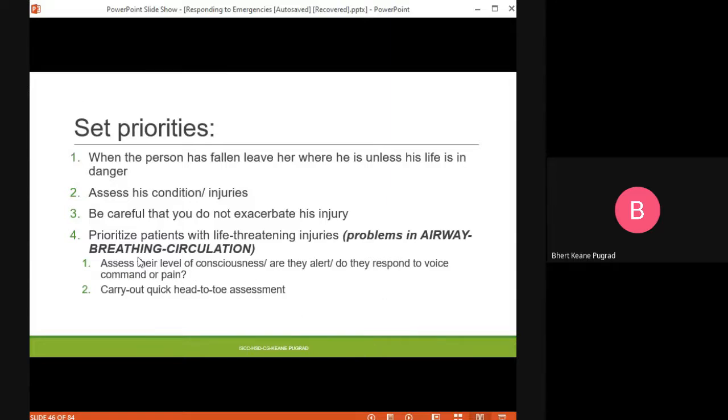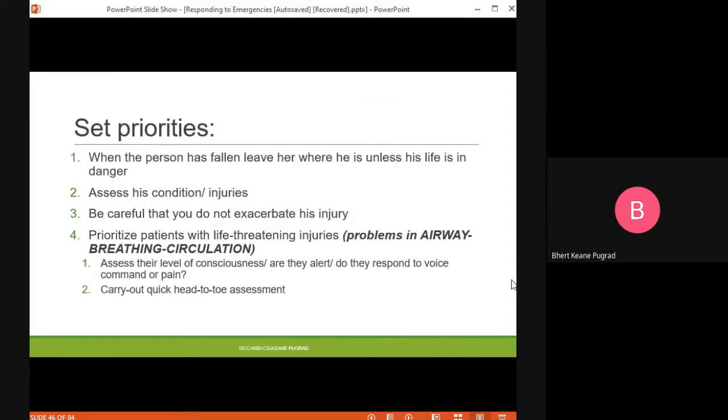Another, prioritize patient with life-threatening problems. Problems in airway, problems in breathing, problems in circulation. So if they're going to ask you kung sino yung priority natin, yung pasyente na masakit ang tiyan or yung pasyente na nahihirapang huminga. Okay? Of course, our priority there is the patient who suffers from breathing difficulties.